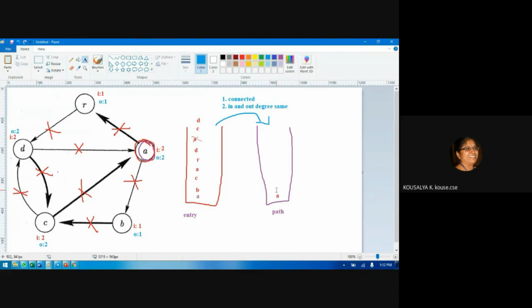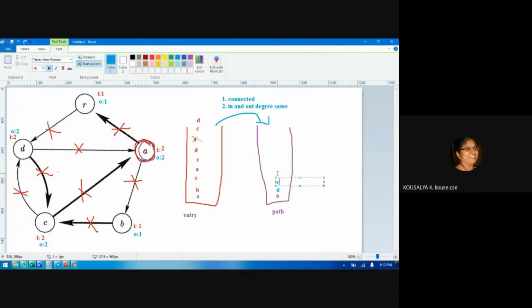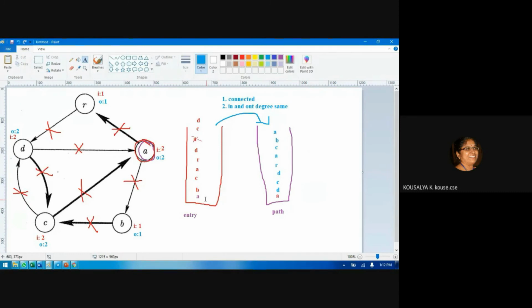The top of the stack is D, then C, then D, R, A, C, B, A.